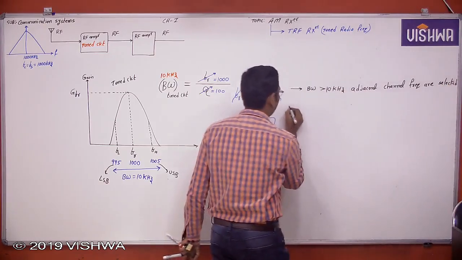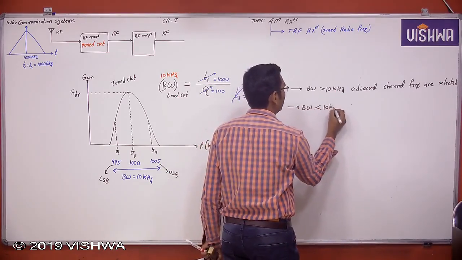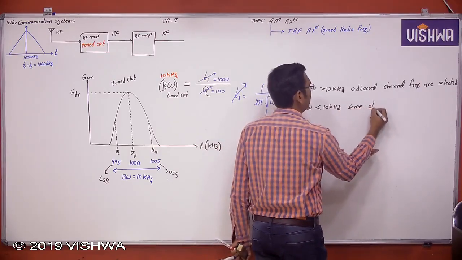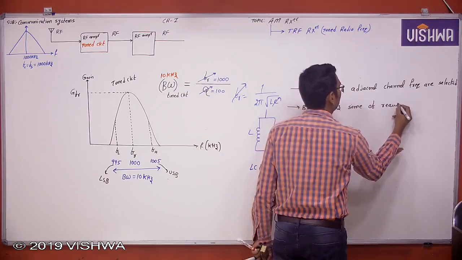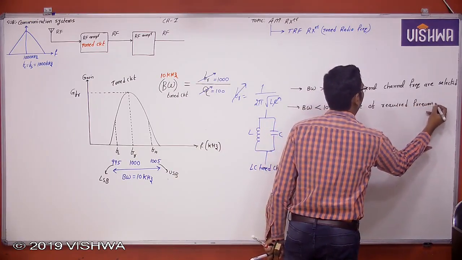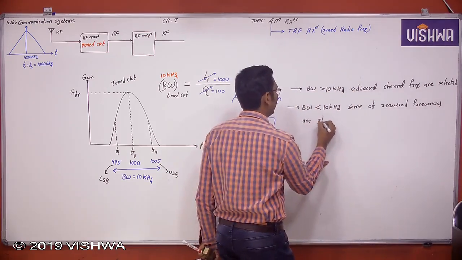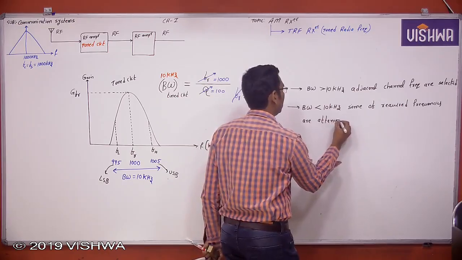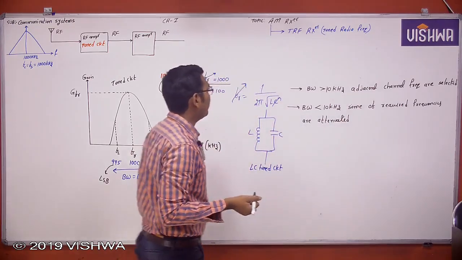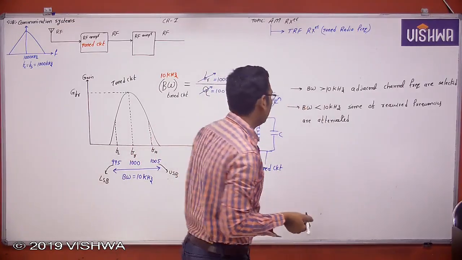If bandwidth is less than 10 kilohertz, some of the required frequencies are attenuated. Information is lost. Interference will occur. This is the problem which we are facing if bandwidth is greater than 10 kilohertz or if bandwidth is less than 10 kilohertz.